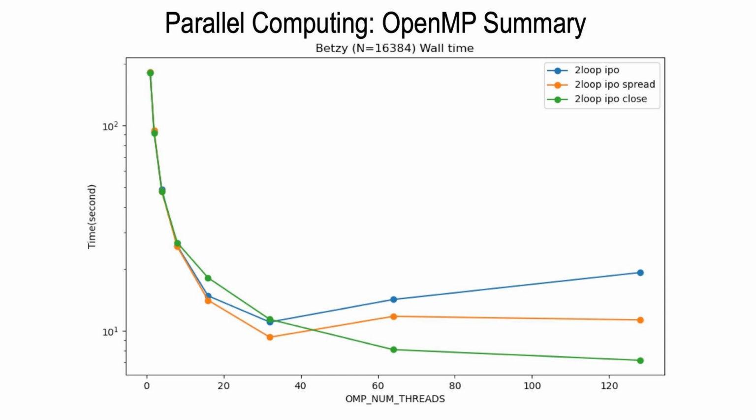The figure indicates that OpenMP affinity with spread binding delivers the best performance for configurations using 32 or fewer threads. In contrast, close binding yields the best results when utilizing 64 or more threads.